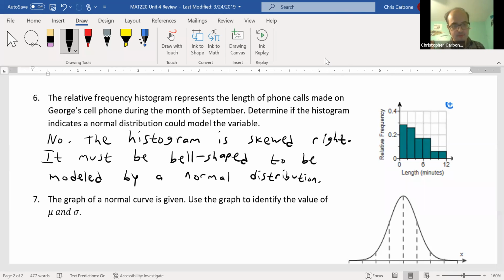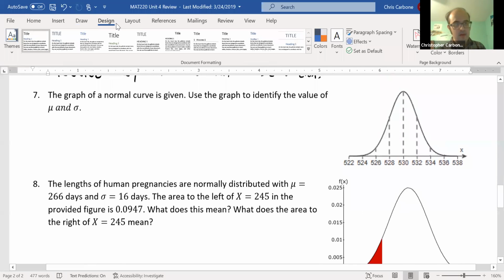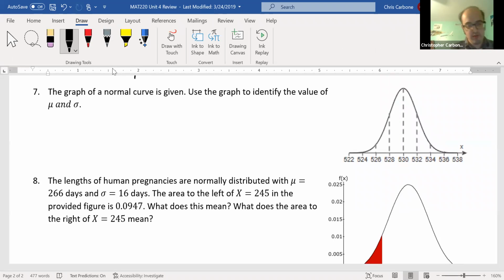Question number 7. Here we have the graph of the normal curve given. We want to find the value of the mean and the standard deviation. For this, the mean, directly in the middle, is 530.